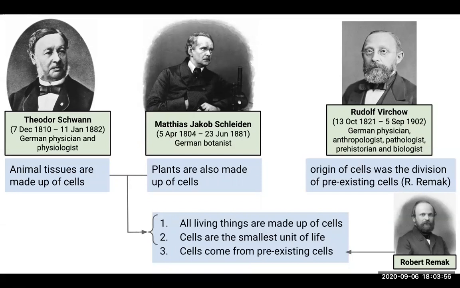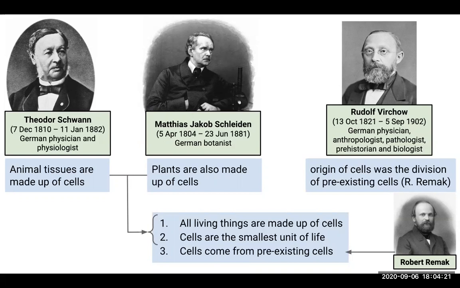Now, there was this time that Schleiden just brought it up to Schwann, saying that he was observing plants and he saw the little compartment chambers in plants, which were cells. And so he said to Schwann that he thinks that plants are made up of cells.